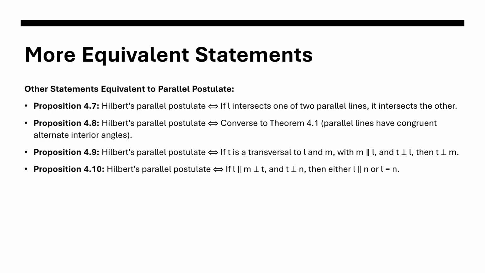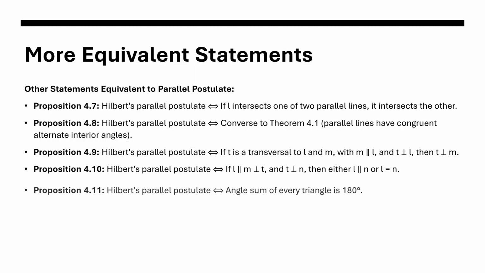Okay, so proposition 4.10: Hilbert's parallel postulate is equivalent to: if L is perpendicular to T, and T is perpendicular to N, then either L is parallel to N or equal to N. Okay. This is about relationships between perpendicular and parallel lines. So it says perpendicularity is transitive with respect to parallelism in a certain sense.